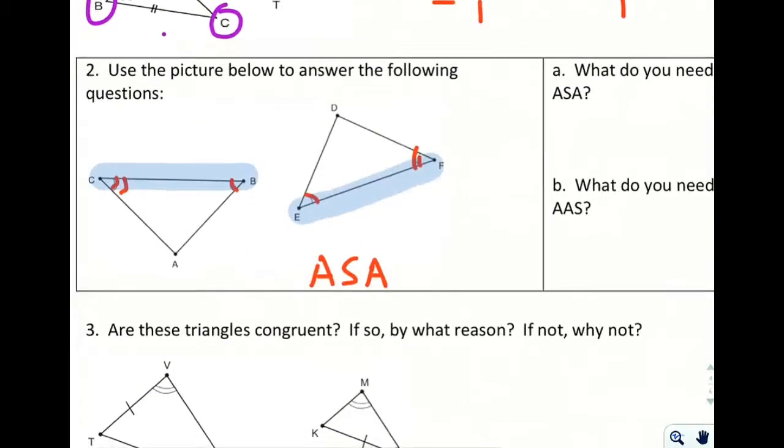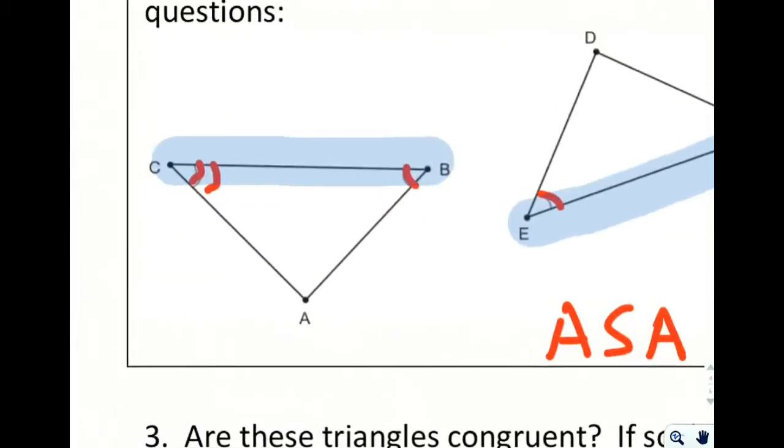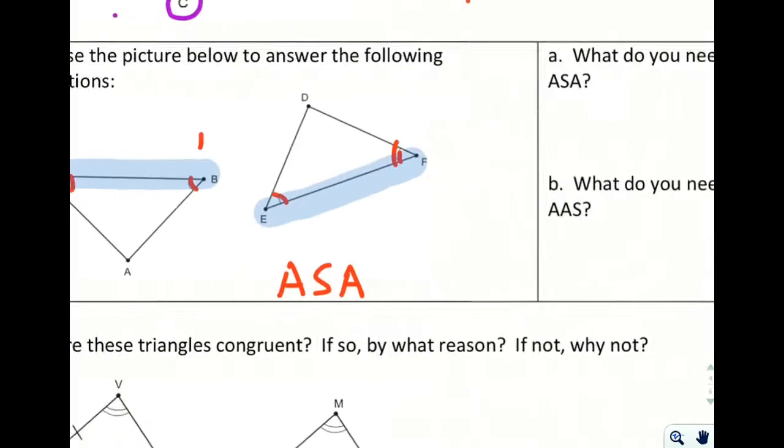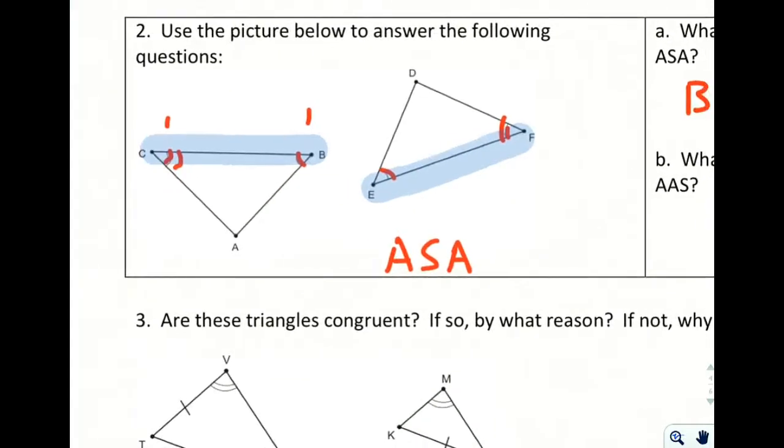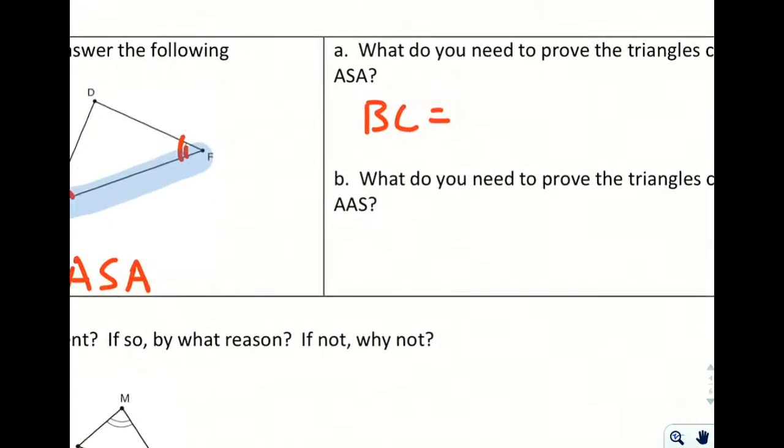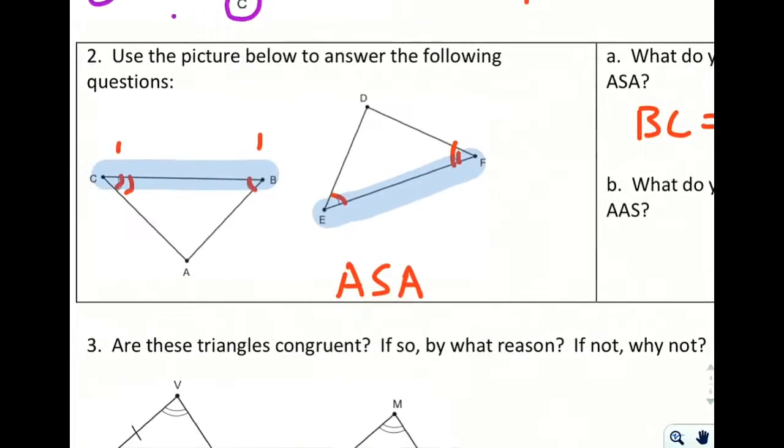So what do we still need? We need to know that BC, going from the 1 tick mark to the 2, is equal in length to EF. So side BC right here, side EF over here, those two need to be equal.